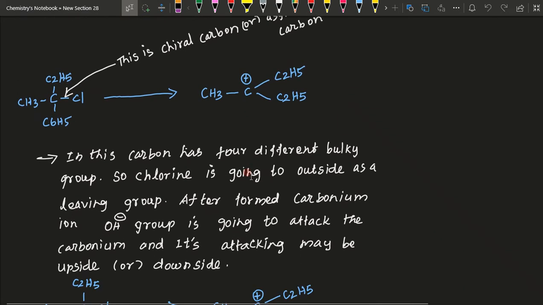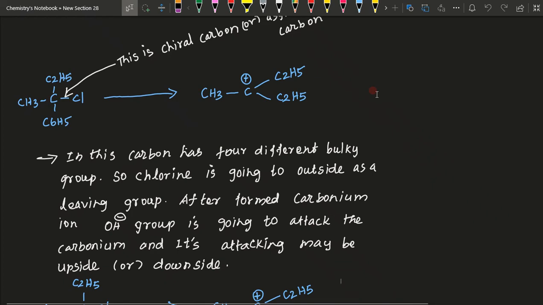See below. This carbon has 4 different bulky groups, so chlorine is going out as a leaving group. After the carbonium ion is formed, the OH group is going to attack the carbonium ion.